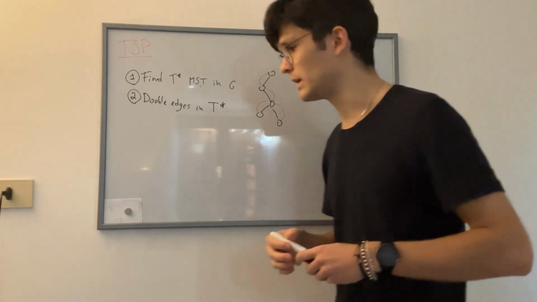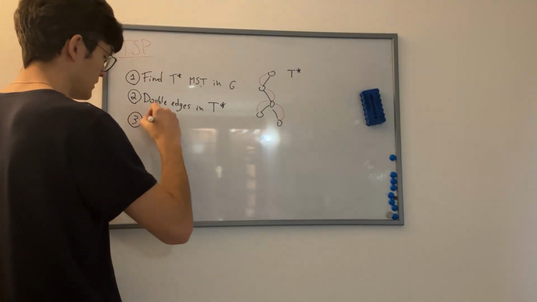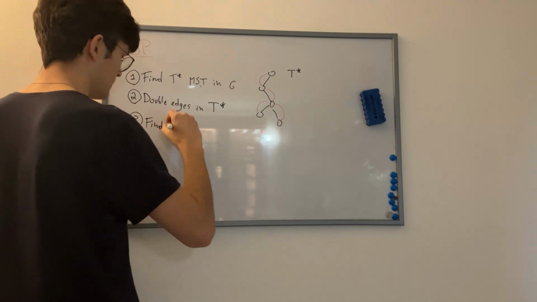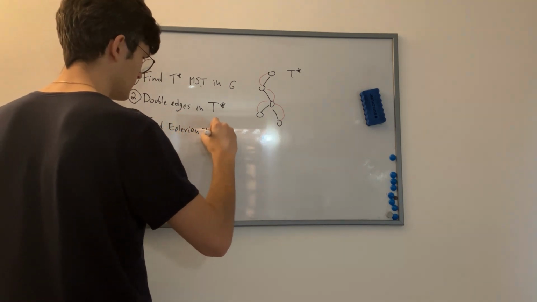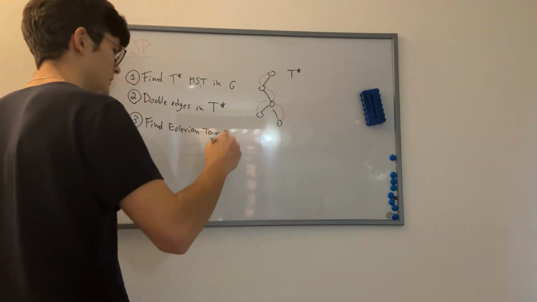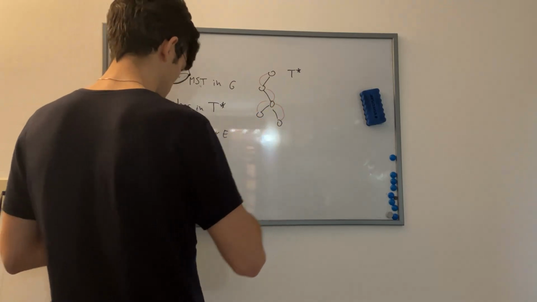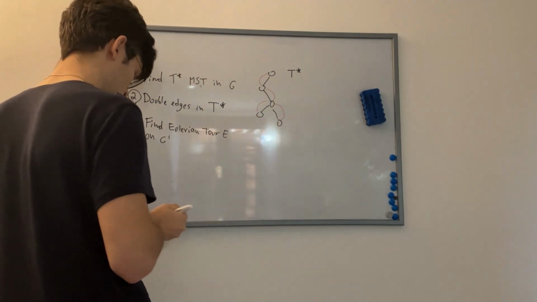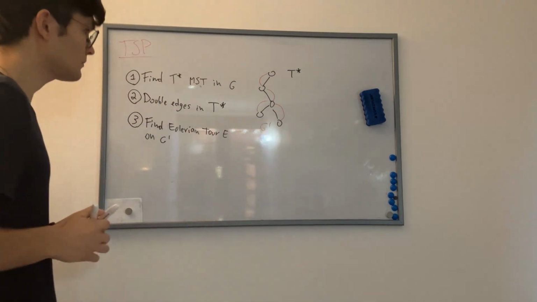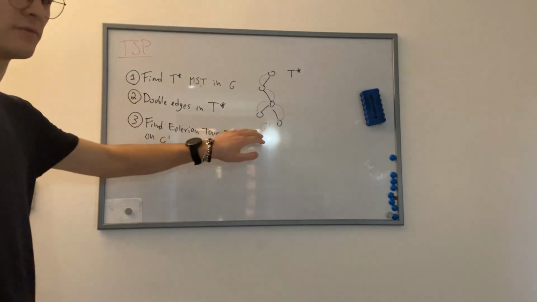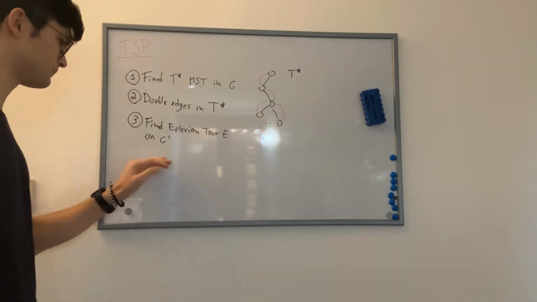Now we are looking for a so-called Eulerian tour. We find an Eulerian tour E on G prime. So we double the edges, we call this new graph that we obtained G prime, and now we find an Eulerian tour on G prime.